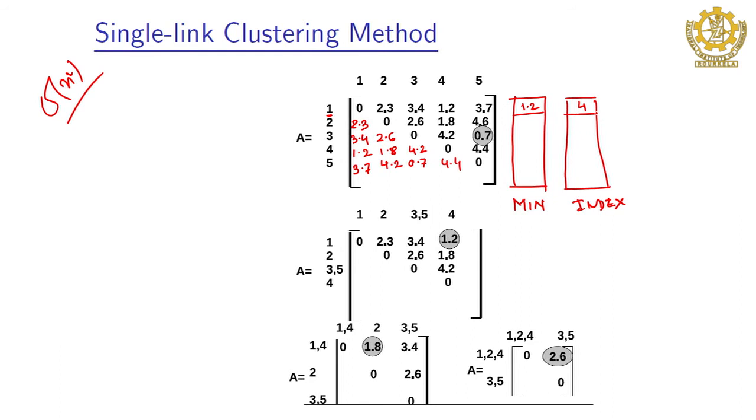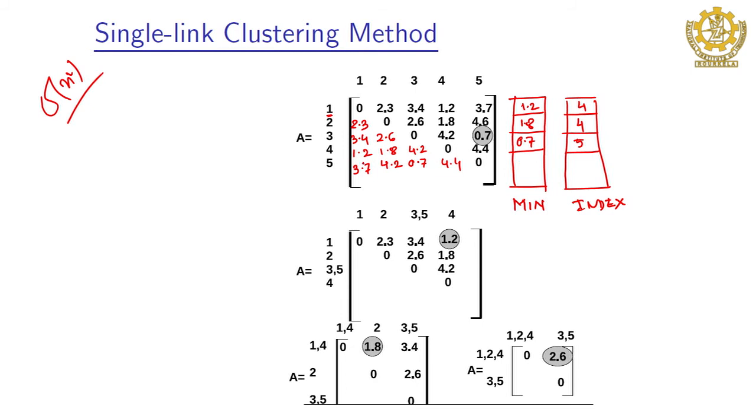Now, similarly, when you compute the distance from 2 to all other points, you compute the minimum, except this 0, do not consider 0. Which one is minimum? 1.8. So, you write 1.8 and 1.8 is again 4. Next, 0.7 is minimum, you write 0.7 and 0.7 is nothing but the 5.